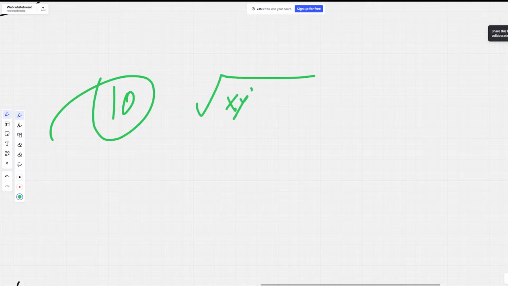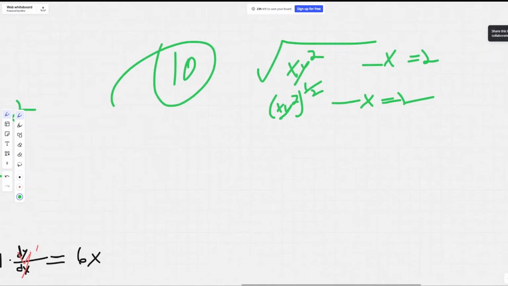Square root of x times y, squared, minus x equals 2. Again, the method is recommended.